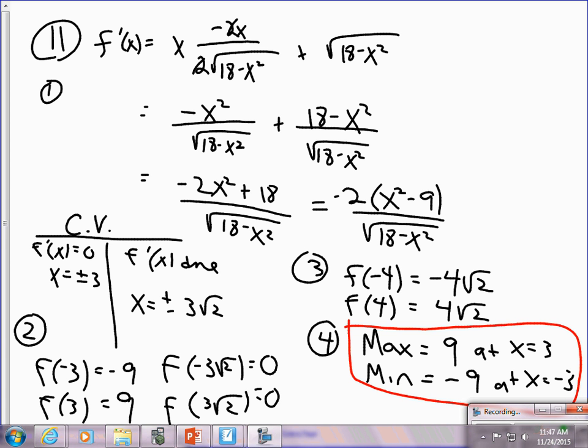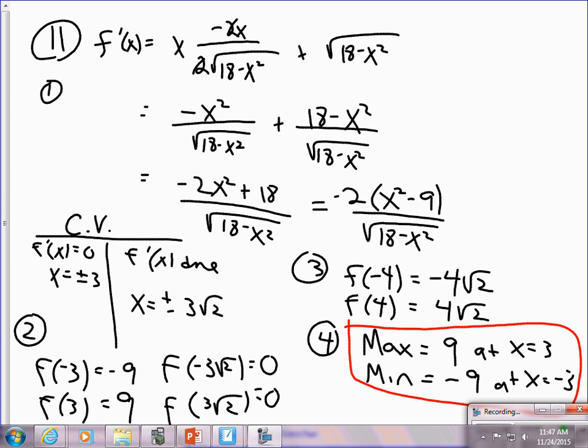When you take the derivative of the square root of 18 minus x squared, it's 1/2 times (18 minus x squared) to the negative 1/2 times the derivative inside, negative 2x. So the 1/2 and the negative 2 cancel each other out. And then plus second times derivative of the first.